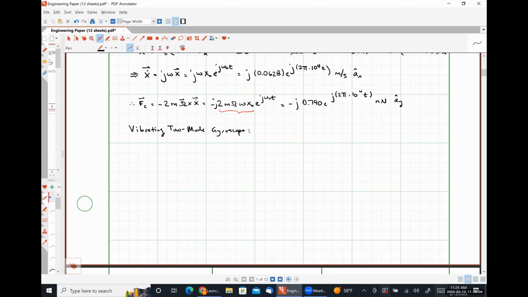This is fundamentally how 99.99% of MEMS gyroscopes work. On the left-hand side here, we are going to have an anchor. We have a frame here in the middle.